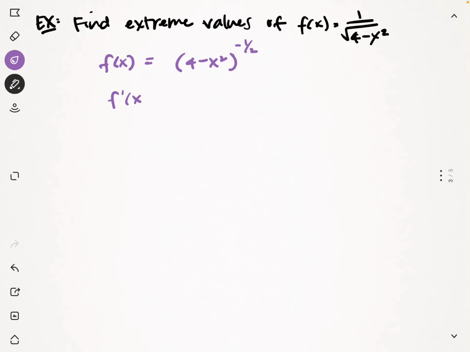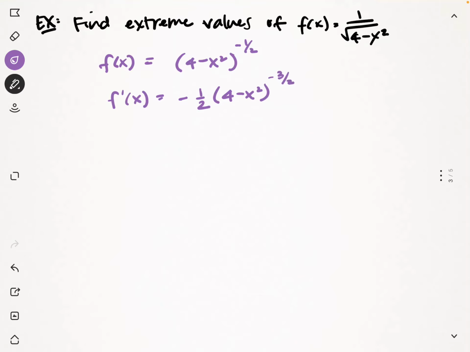Okay, so our f prime, then we drop down our 1/2, and then because of our negative sign, well, let's not skip this step then. Drop down our 1/2, 4 minus x squared, and we're gonna subtract 1 from 1/2, which is -3/2.